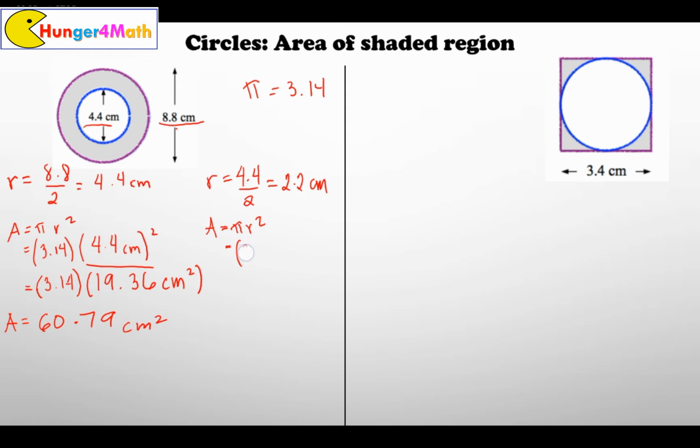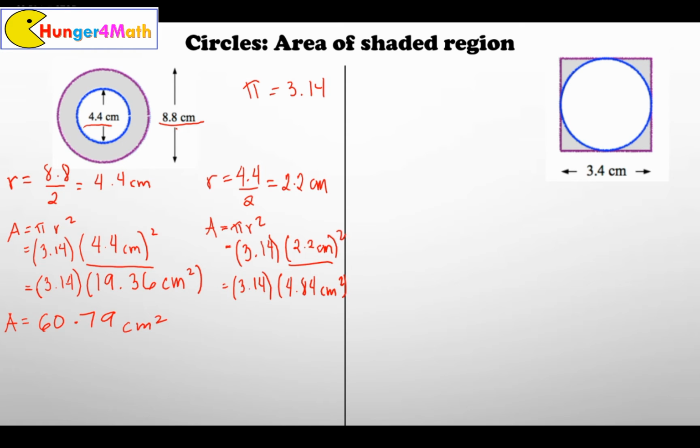The pi is 3.14 and the radius is 2.2 cm, then square. Next is to simplify once again your radius with the power of 2. Copy once again the 3.14. So 2.2 centimeters square, that will be 4.84 cm square.